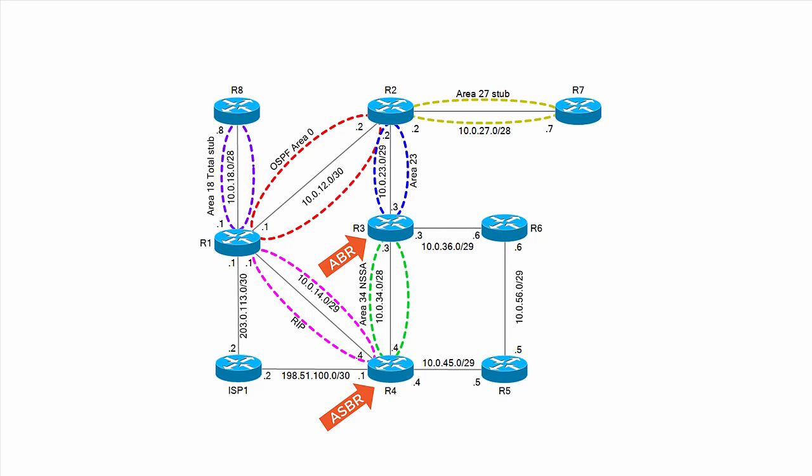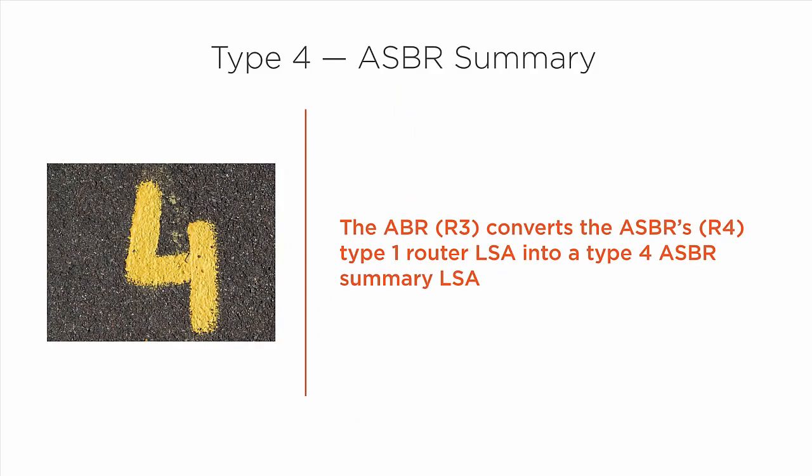Remember I said that the ASBR sets an ASBR bit in its Type 1 LSA. When the ABR, the area border router, which in this case is R3, sees that Type 1 LSA with the ASBR bit set, it knows to create a Type 4 ASBR summary LSA to send to the other areas. In other words, the ABR converts the ASBR's Type 1 LSA into a Type 4 ASBR summary LSA.